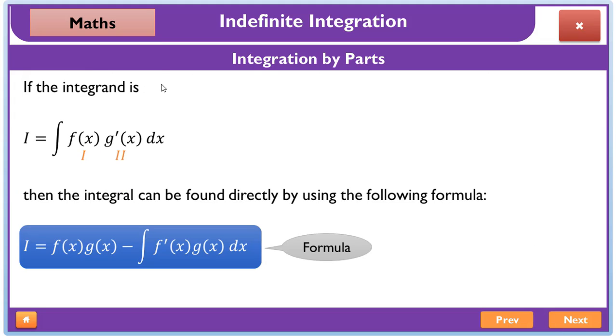If the integrand is in the form I equals integration of f of x g dash of x dx, this is the first function and this is the second function, then we can evaluate this integration directly by using the formula given here. So the integration will be f of x g of x minus integration of f dash of x g of x dx.